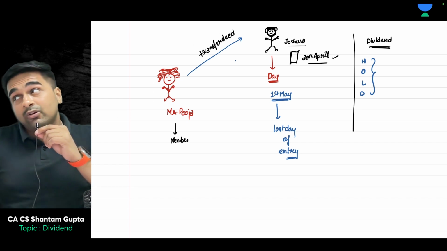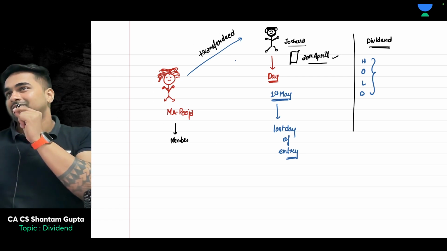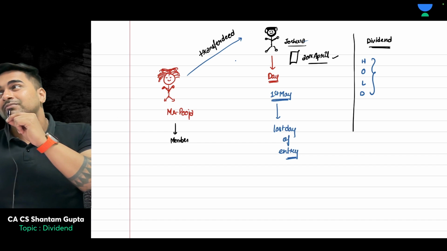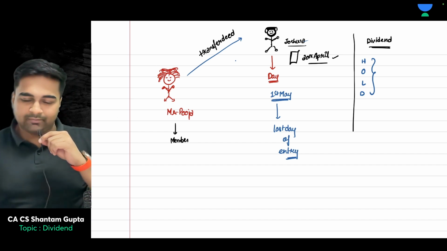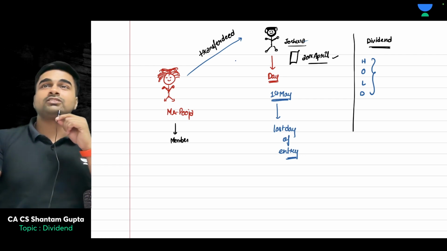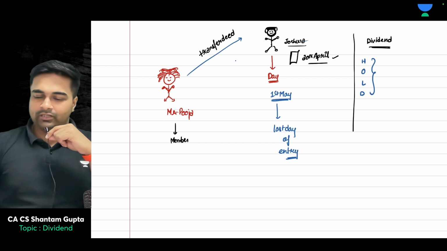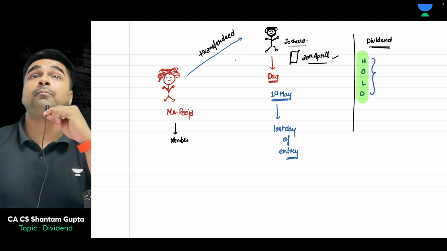But the company knows for a fact that since the deed has come, Pooja is not the true owner. And to Joshua, the company cannot pay dividend, because the share is not registered in his name. So he cannot get it. So what the company does is, it holds this dividend in abeyance.